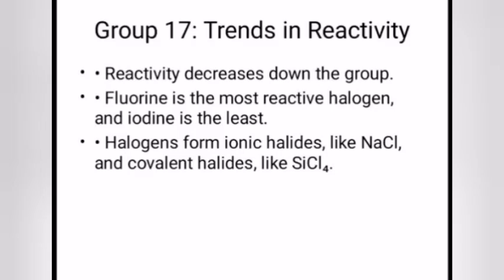If they should ask you, and I do see this a lot, they'll tell you to arrange them based on their level of reactivity or electronegativity. In terms of electronegativity, fluorine is the most electronegative, and iodine is the least. Fluorine is the most reactive, while iodine is the other way around.